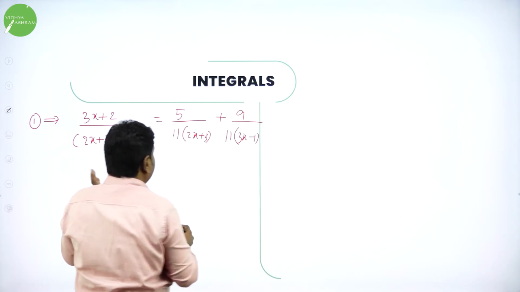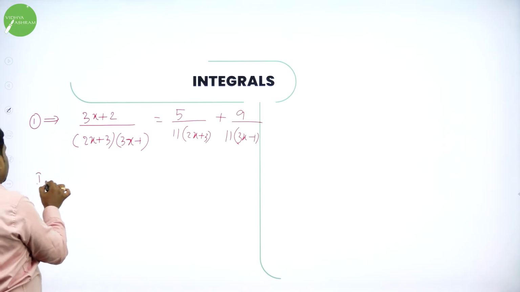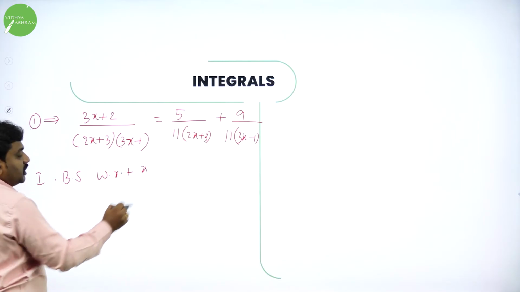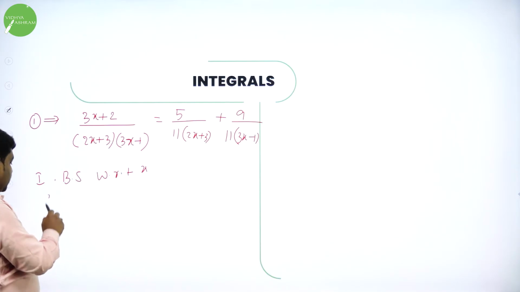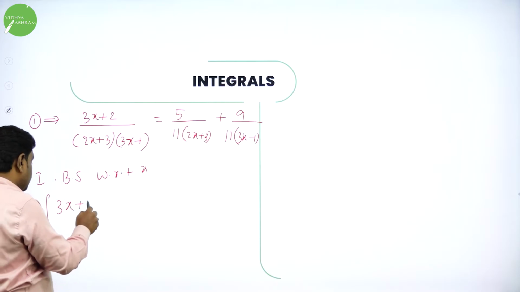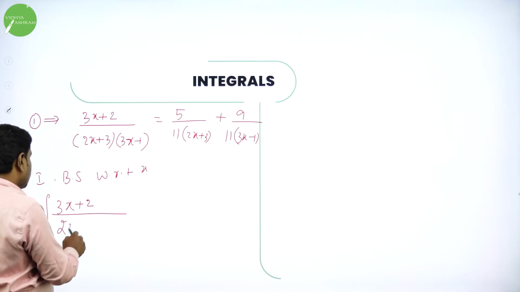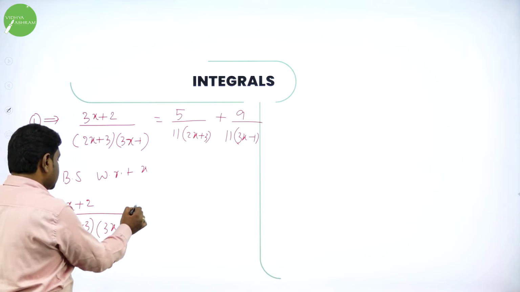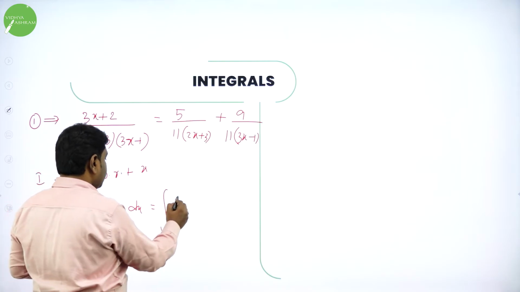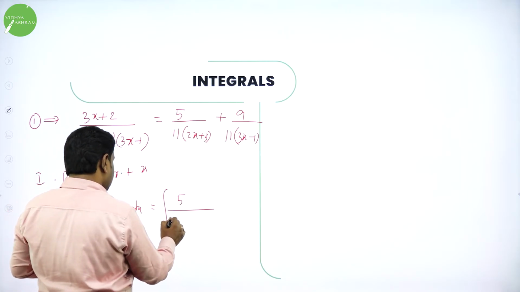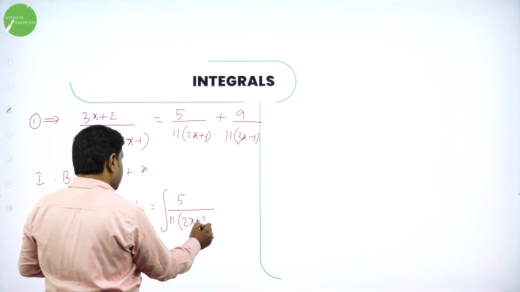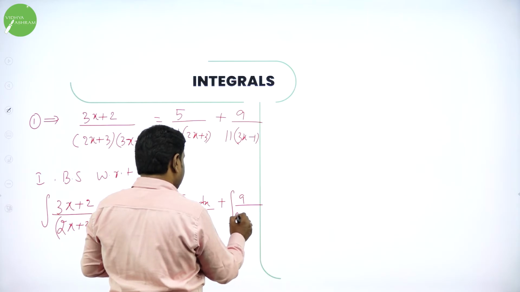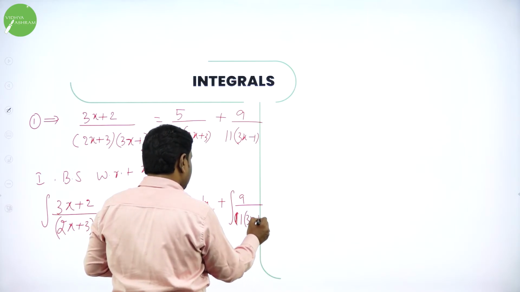Now integrate both sides, integrating both sides with respect to what? x. If I integrate both sides with respect to x, it will become the integration of 3x plus 2 divided by 2x plus 3 into 3x minus 1 dx, which can be written as the integration of 5 by 11 into 1 by 2x plus 3 dx plus 9 by 11 into 1 by 3x minus 1 dx.